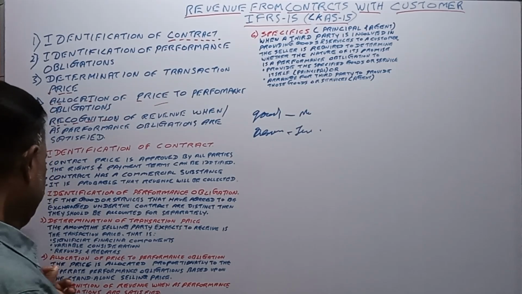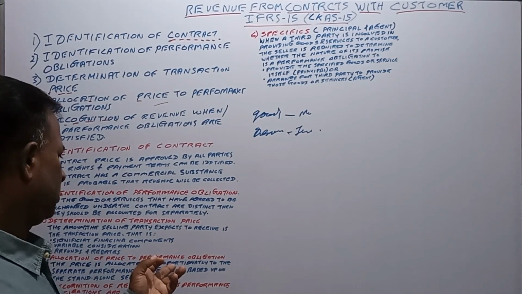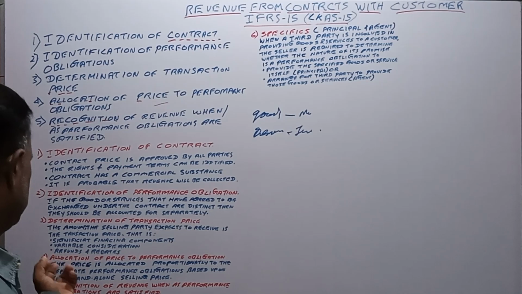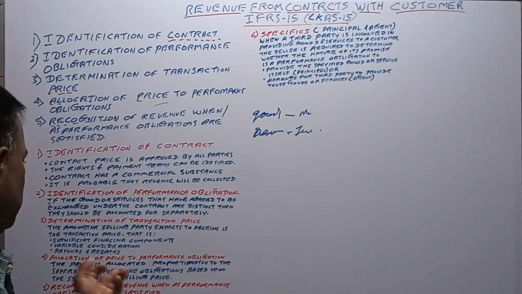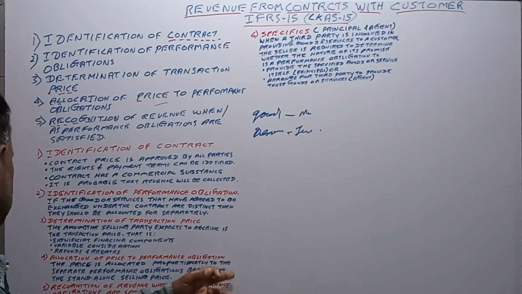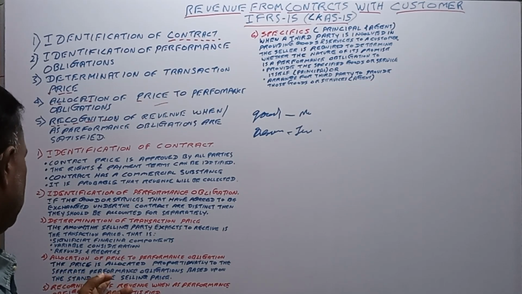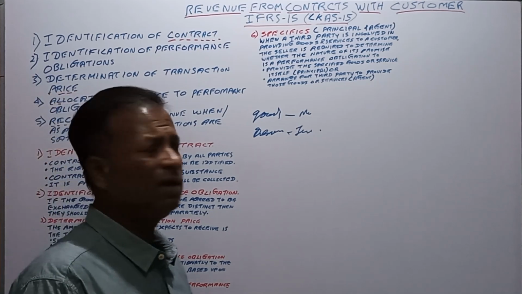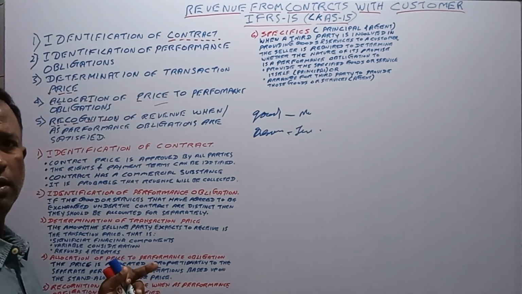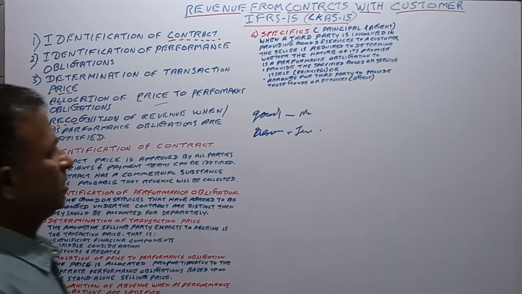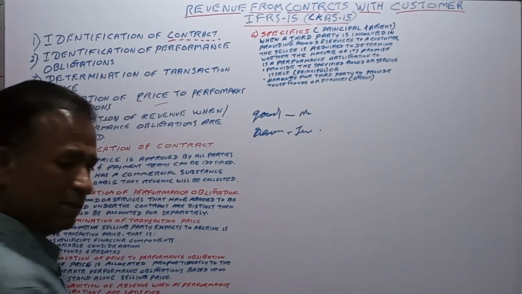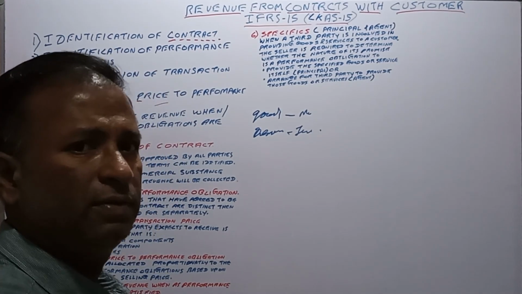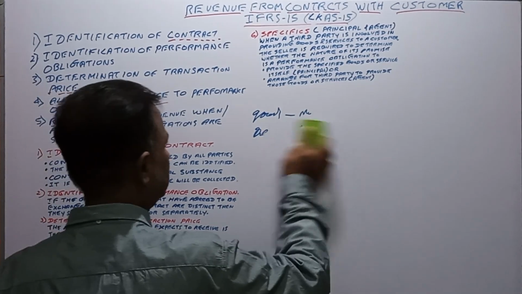Allocation of price: the price is allocated proportionally to the separate performance obligations based upon the standalone selling price. These are all contained in the accounting standard.